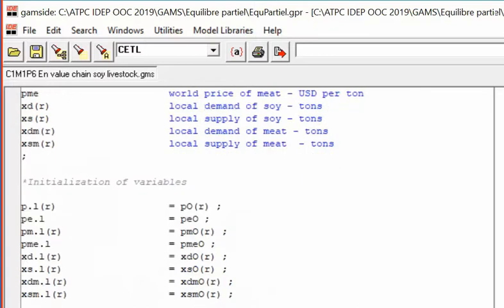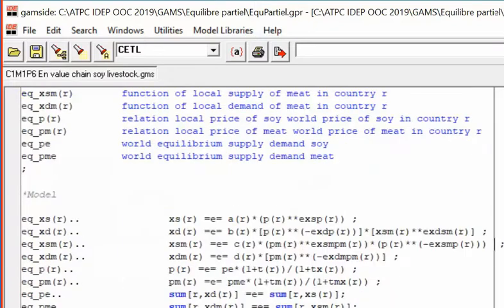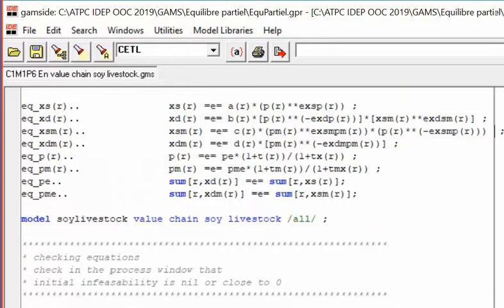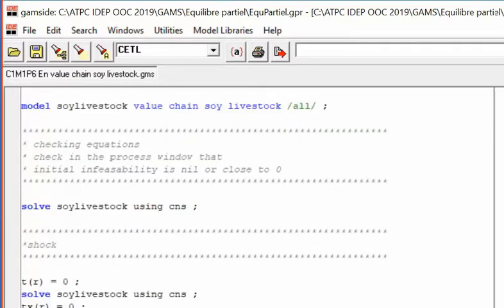Declarations of variables, initializations of variables, declaration of equation, the model, then the definitions of the model, which is called soy livestock, which consists in all equations which are within this file. The first solve is just to check that the initial infeasibility is 0 or close to 0.